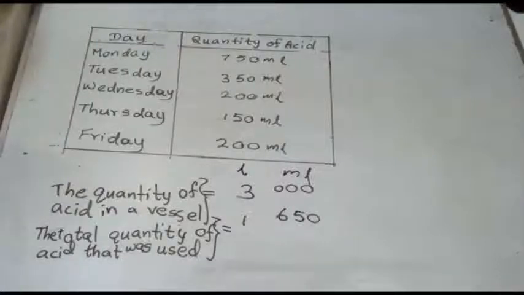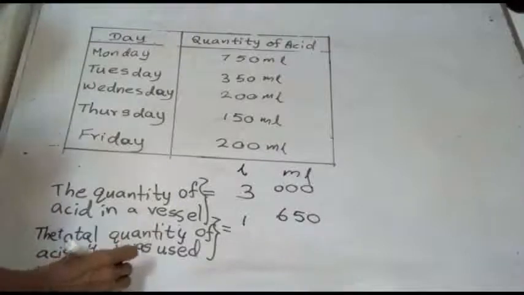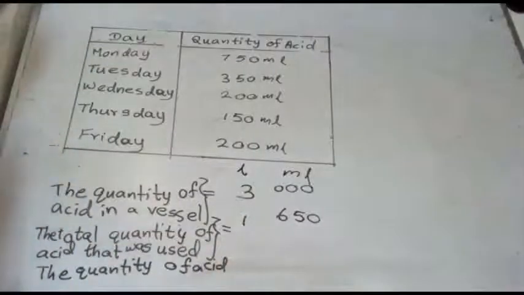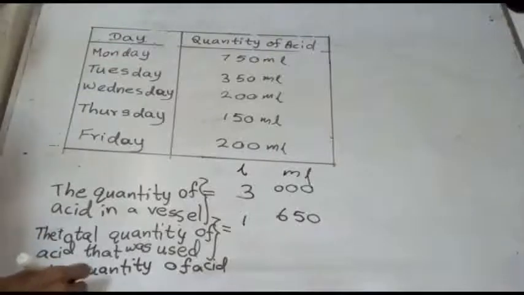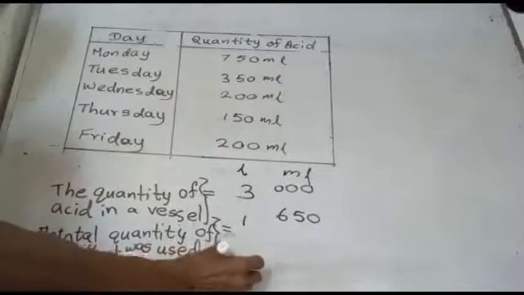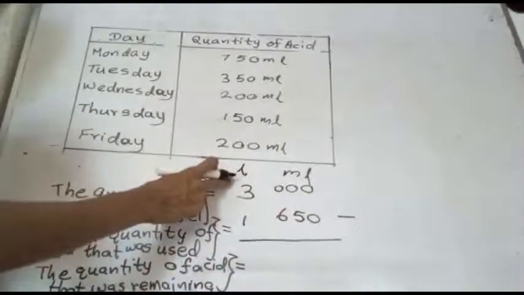The quantity of acid that was remaining in the vessel is equal to 1 liter and 650 milliliters subtracted from the 3 liters.